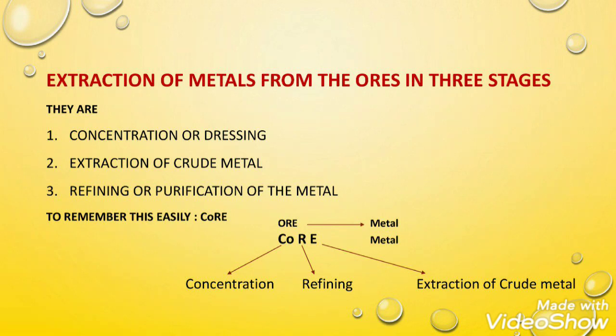Only C I have added. By this you can easily write the 3 stages of extraction of metals from the ore. C from core, CO means concentration, R means refining, E means extraction of the crude metal.